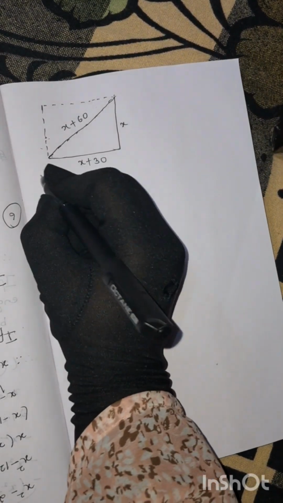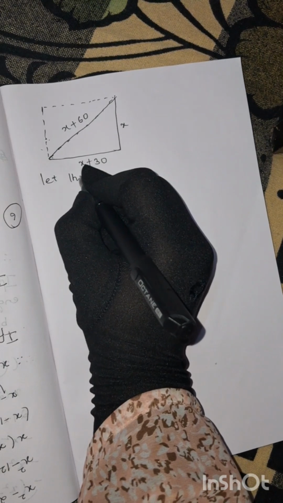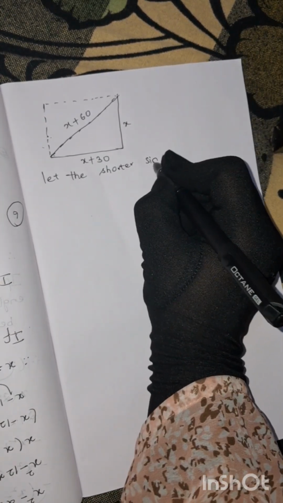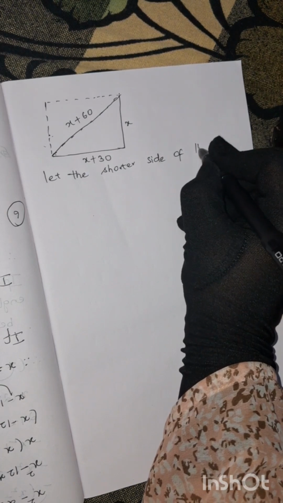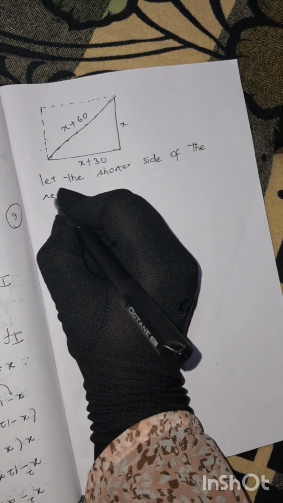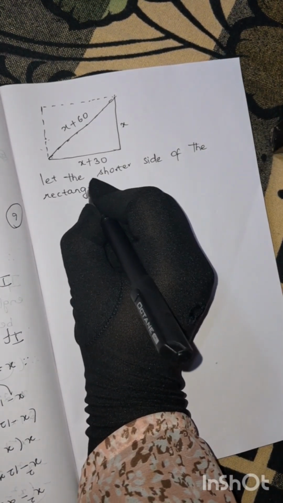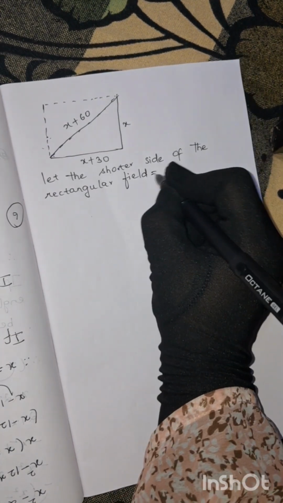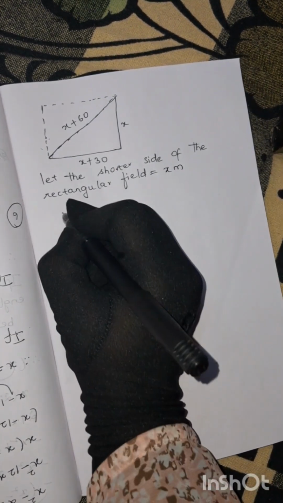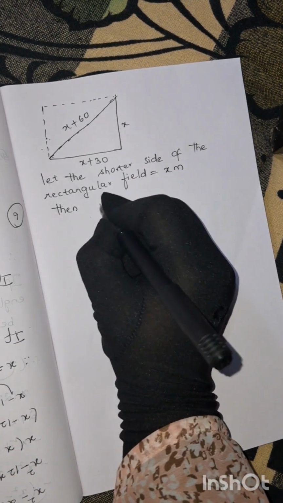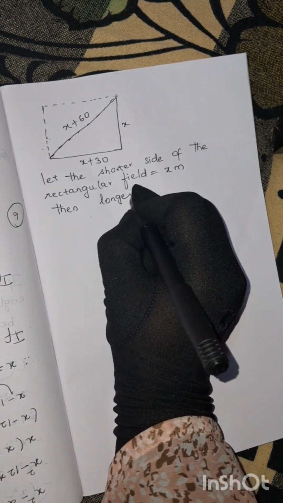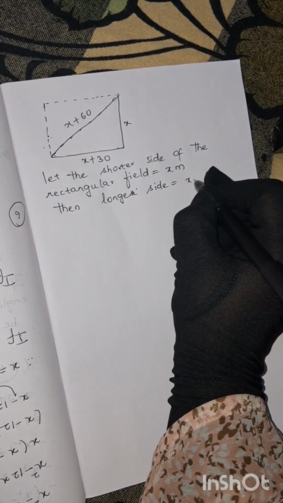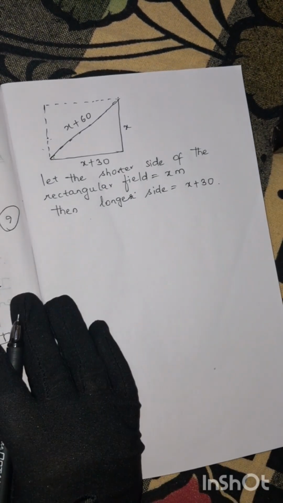Let the shorter side of the rectangular field be x meters. Then the longer side is equal to x plus 30, right?